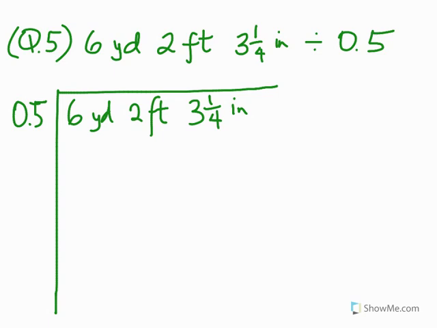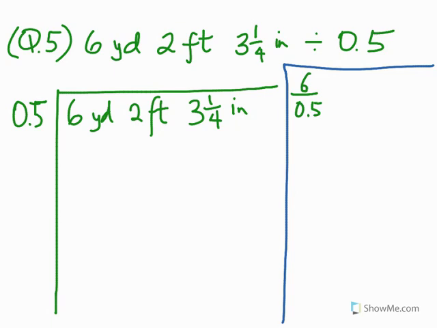I will need a rough work here. All right. We do 6 divided by 0.5. You can do this with your calculator, but I don't have my calculator here, so I will just do it like this.